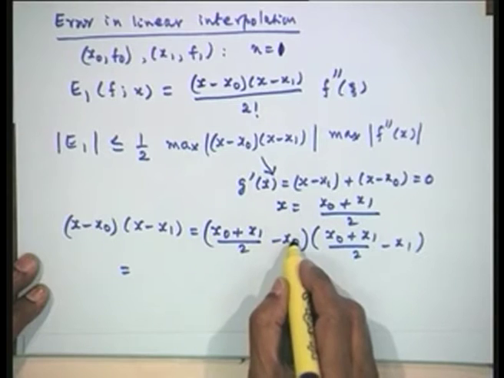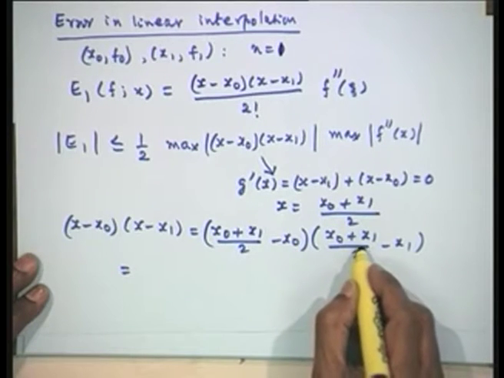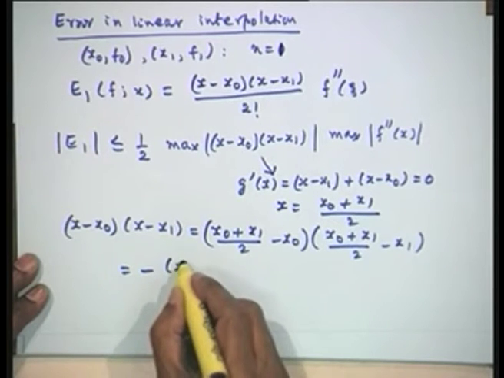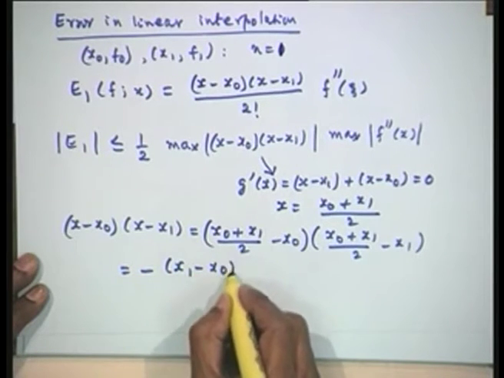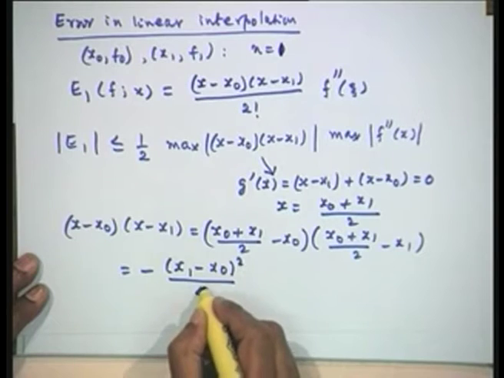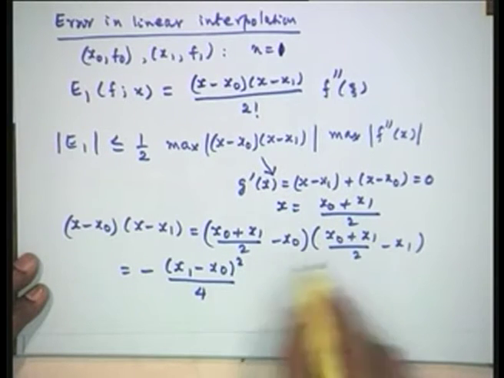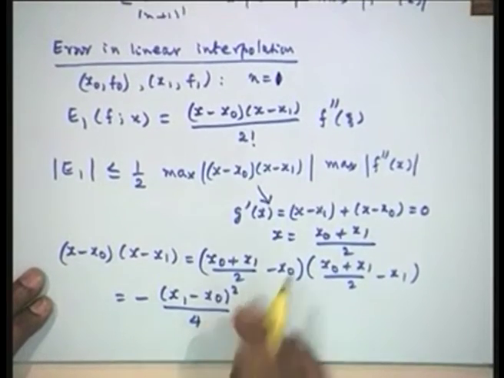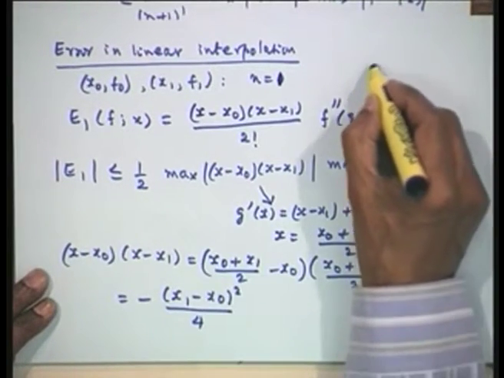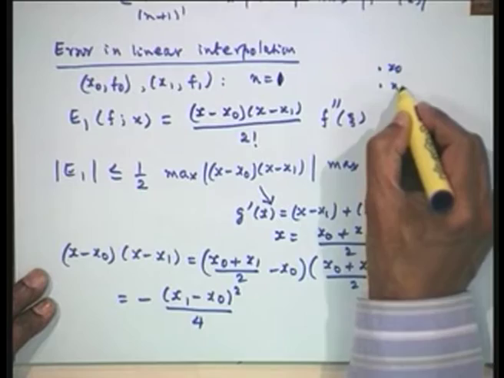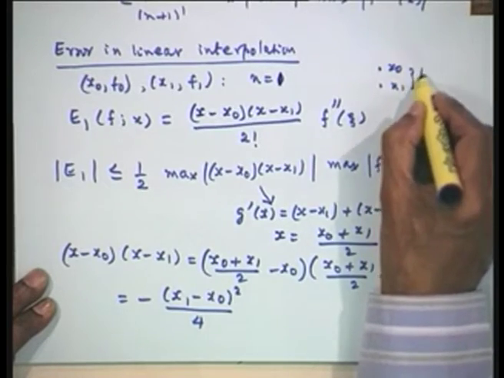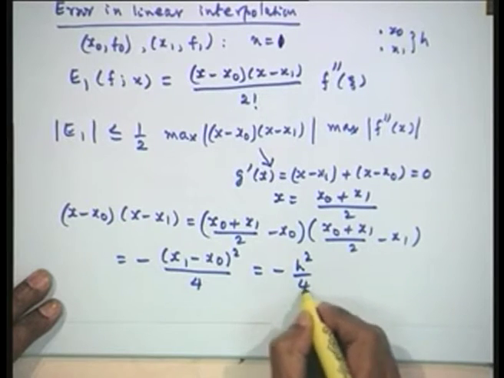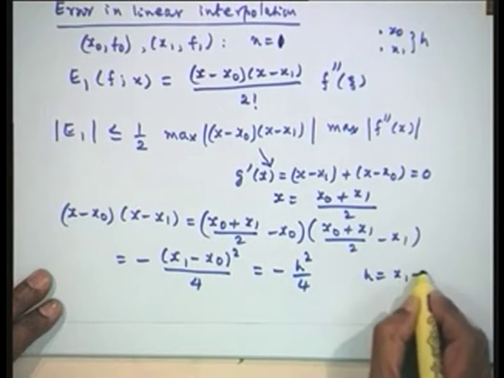This is x 1 minus x naught, this is minus x naught minus x 1. So, I put a minus sign outside and put x 1 minus x naught whole squared by 4. There is a 2 here, there is a 2 here, I will have 4 here. And since there are only 2 points given to us, x naught and x 1, let us take this distance as equal to h. So, that means I can just write this as h squared by 4. h is the distance x 1 minus x naught.